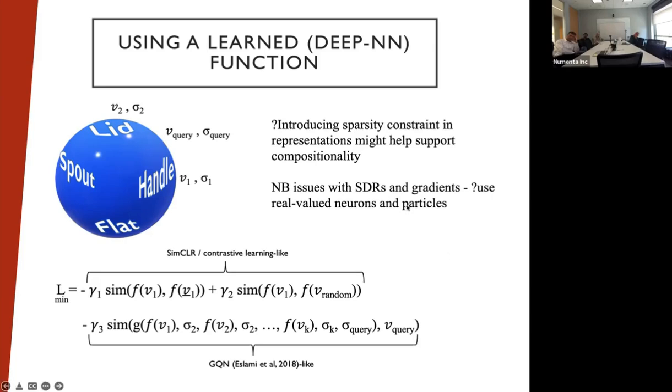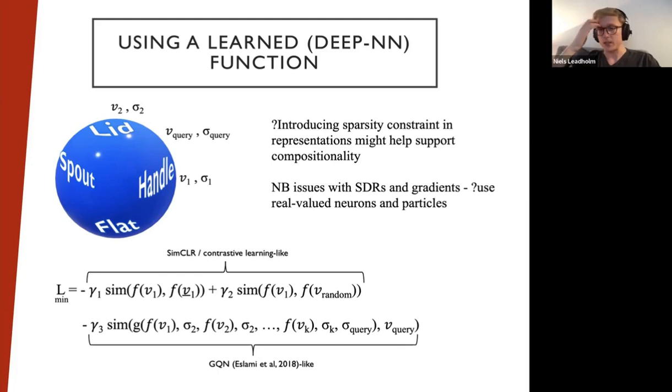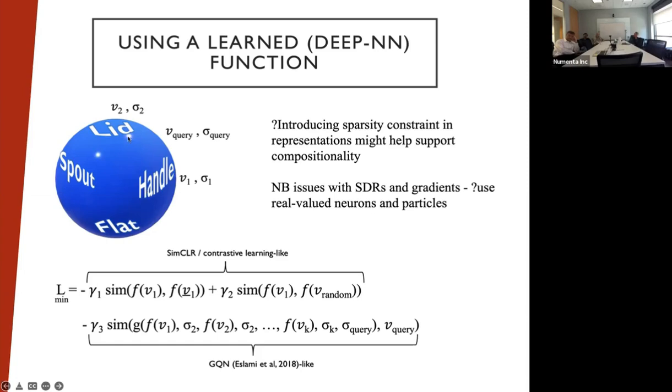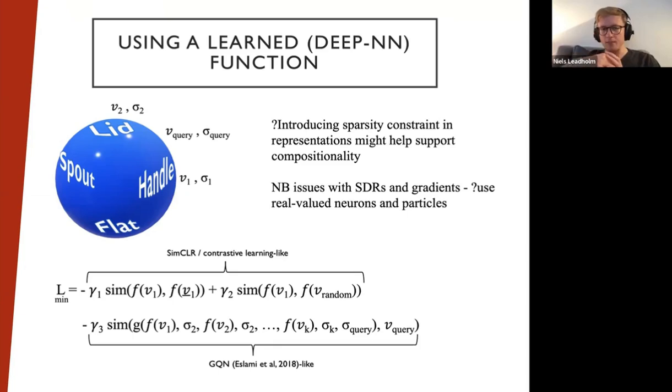And it could be interesting whether introducing sparsity into these representations could also help with making the compositionality a bit more direct. So, of course, a handle and a lid are very different. So ideally, the representation that combines them from that novel viewpoint would have both of those aspects. And so having sparsity may help with this.